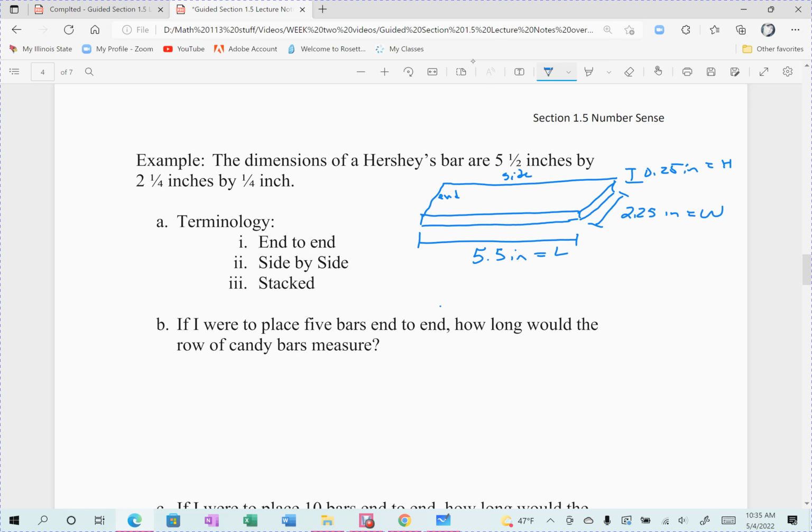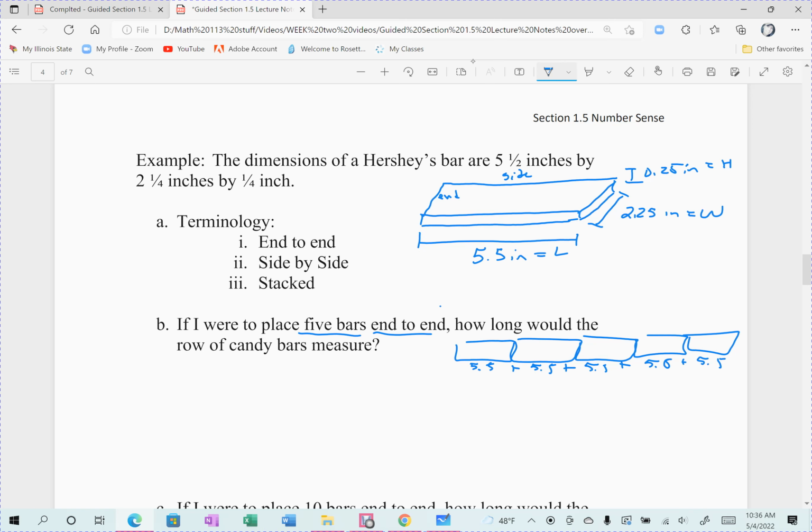All right, so the first question: suppose we were going to take 5 chocolate bars and place them end to end. End to end would be the long way, and there are 5 of them. So we're going to have the 5.5 all the way down, and you're going to add those together. The shorthand for adding the same thing multiple times is multiplication.